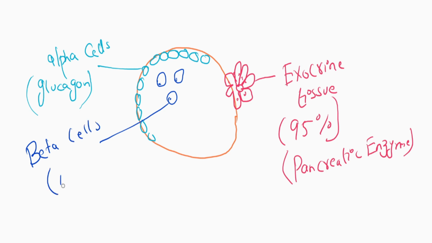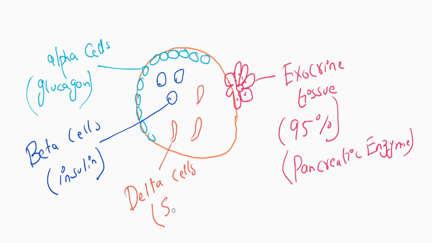They release insulin. And these are the delta cells which secrete somatostatin. The endocrine cells are known as the islets of Langerhans, and these are clusters of cells that produce hormones that regulate blood sugar and regulate pancreatic secretion.